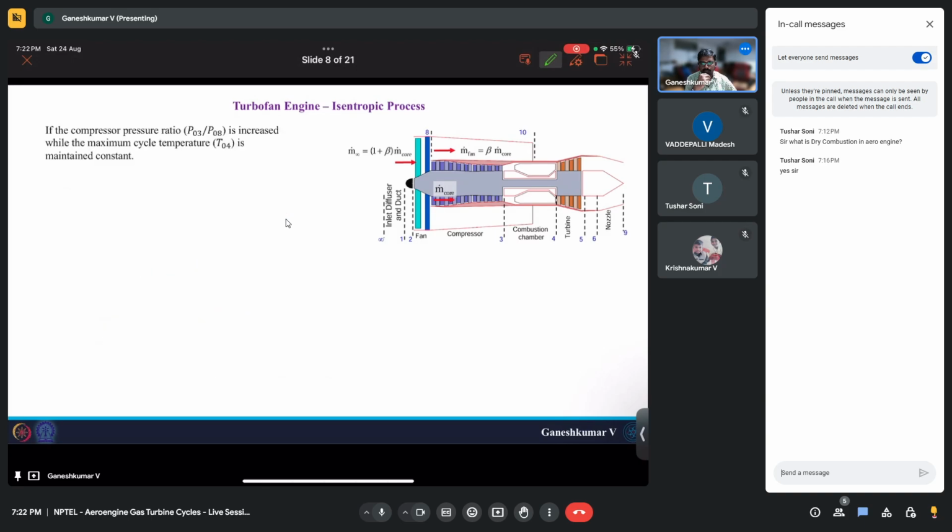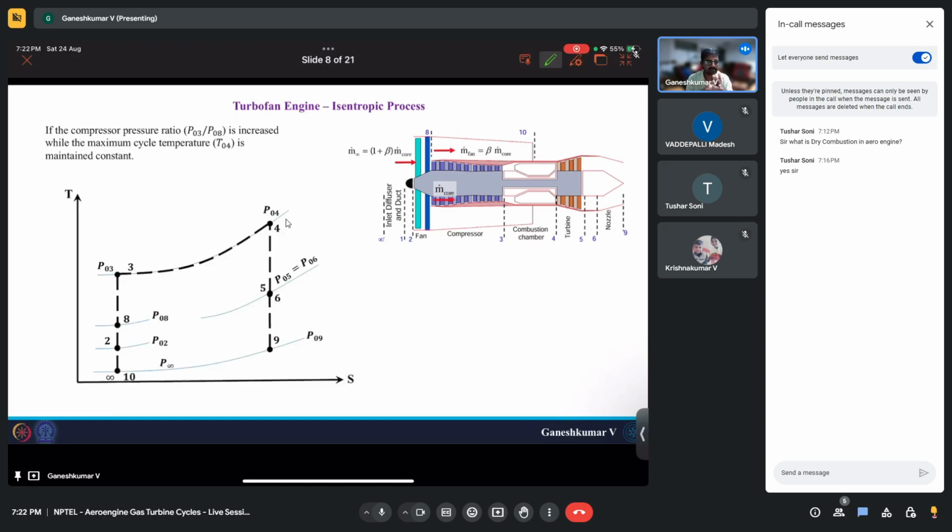Now, let's say for the same thing, it's in flight condition, and this is your TS diagram, isentropic process. If the compressor pressure ratio P03 by P08, which is nothing but the pressure ratio across the compressor, is increased, keeping T04 constant.